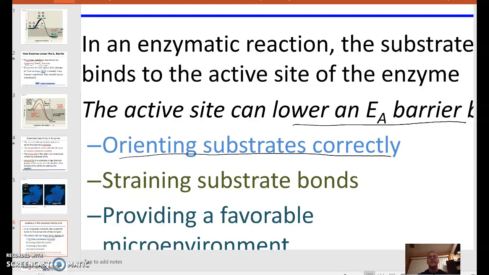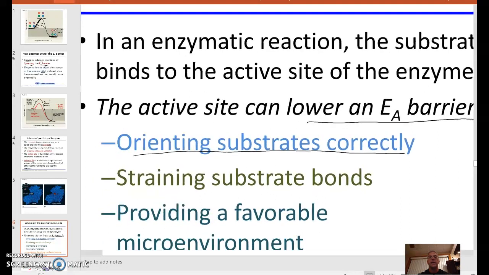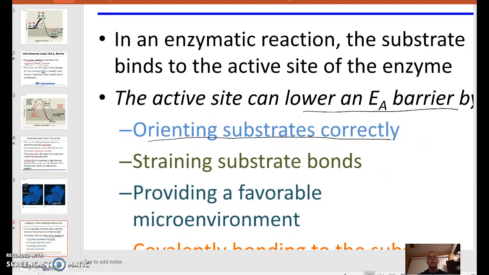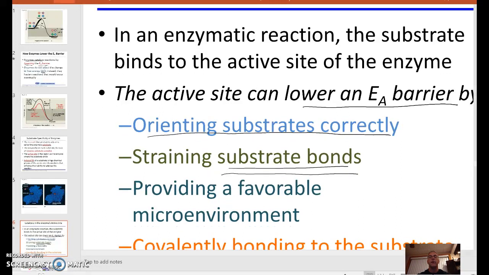So once it's inside that active site, that's one of the first accomplished objectives. Number two is the twisting and contorting will actually strain some of those bonds in that substrate. So when you strain the substrate bonds, it puts it in a position where you don't need as much invested activation energy to make that break.